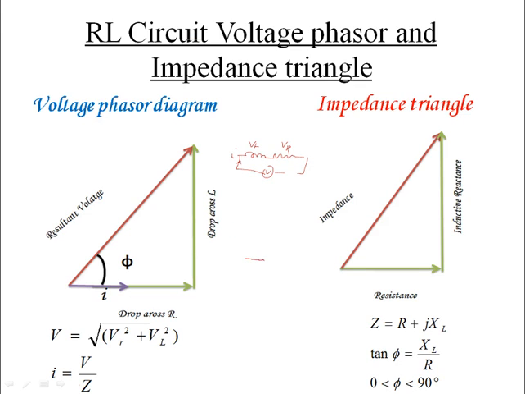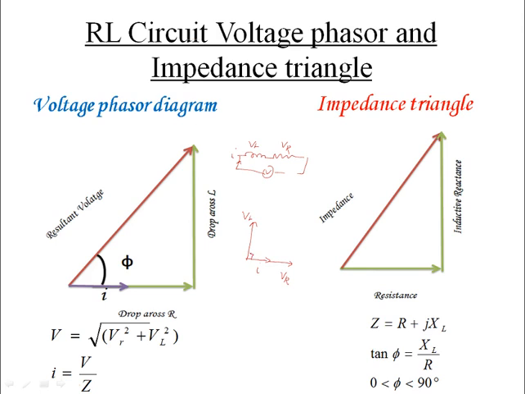So I have to take my current as my reference because current is the same in a series circuit. With respect to current, VR and I are in phase. Now with respect to I, VL is leading, because in an inductor circuit the current lags the voltage by an angle of 90 degrees.